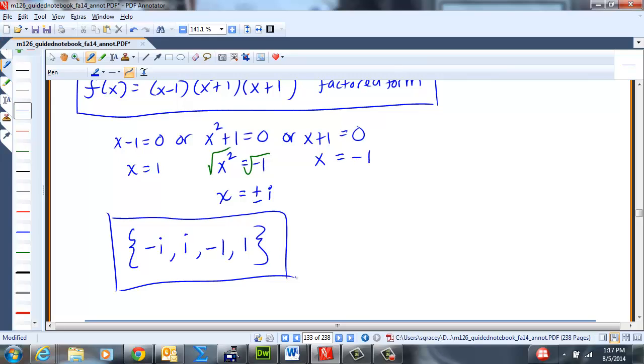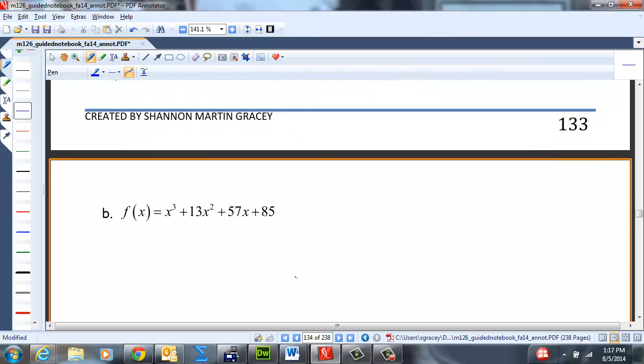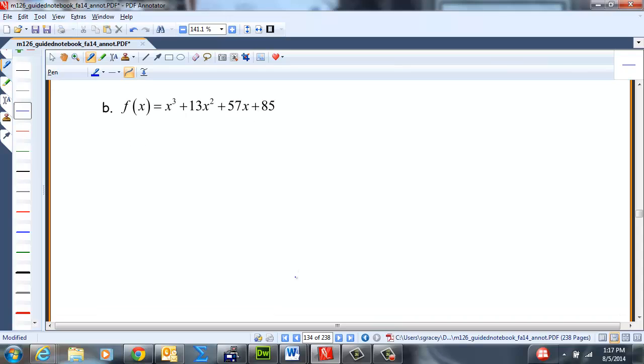Now the last example for this section is this guy. Again, we just start our process. We have 3 complex zeros because the polynomial is degree 3.